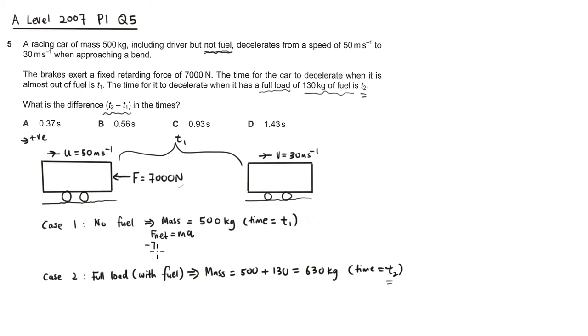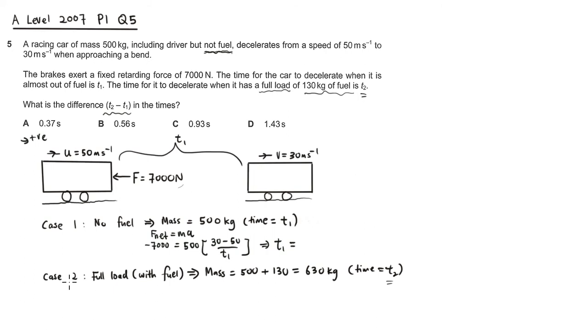So negative 7,000 equals m, which is 500, times a, where a is (v minus u) over t: v is 30, u is 50, over t1. From here we can find t1 ourselves. So what is the value of t1? Try to calculate it yourself.